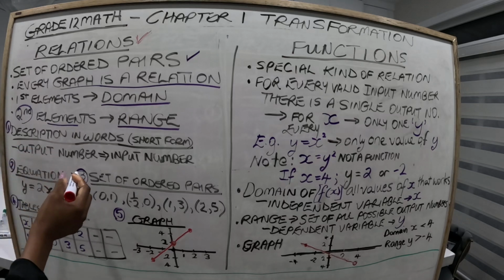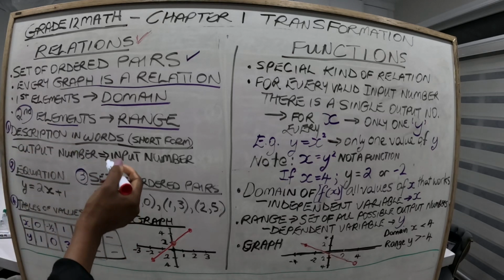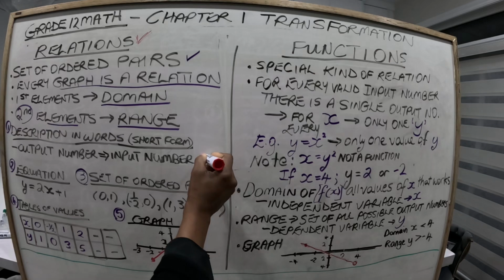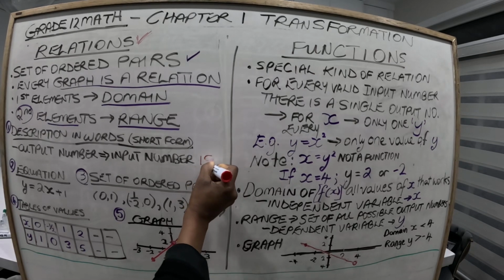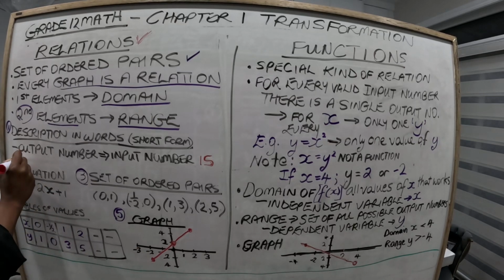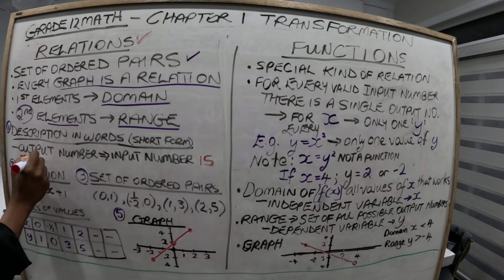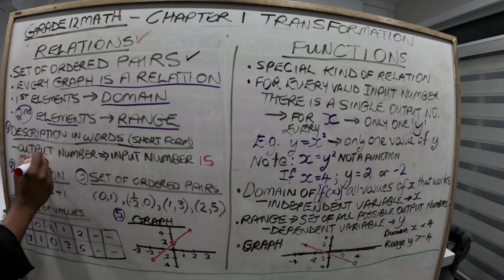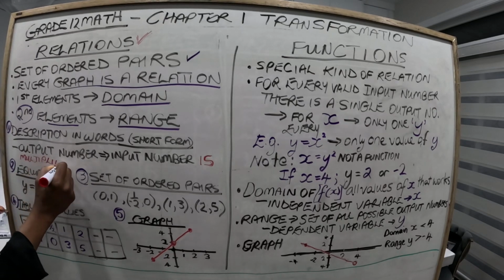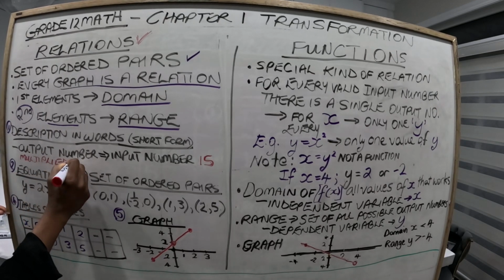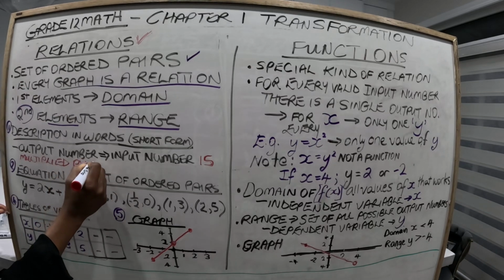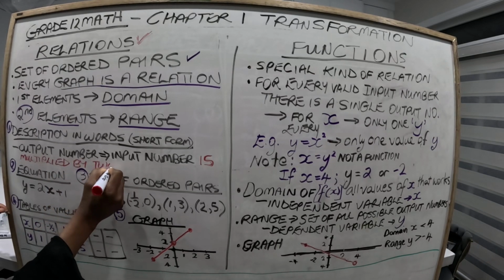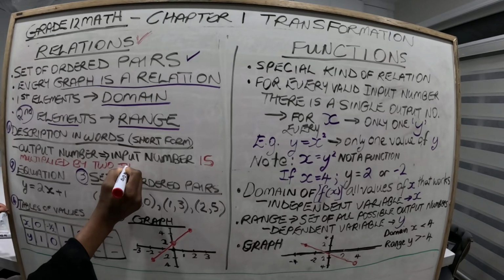An output number is such that the input number is multiplied by 2, then add 1.